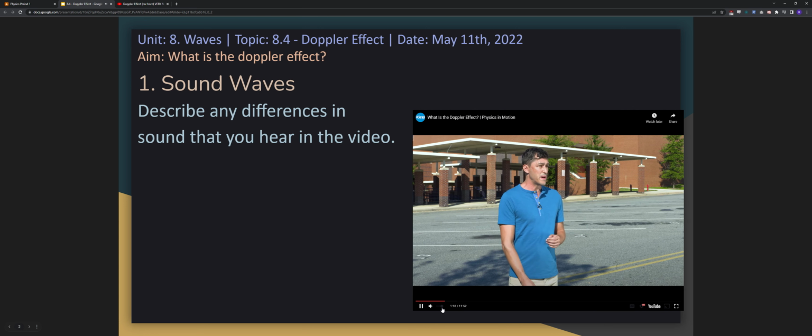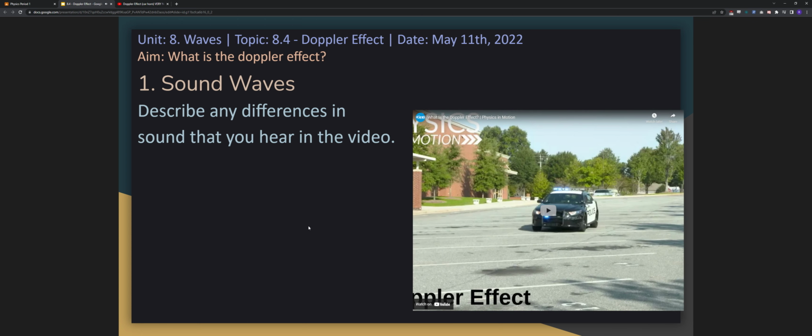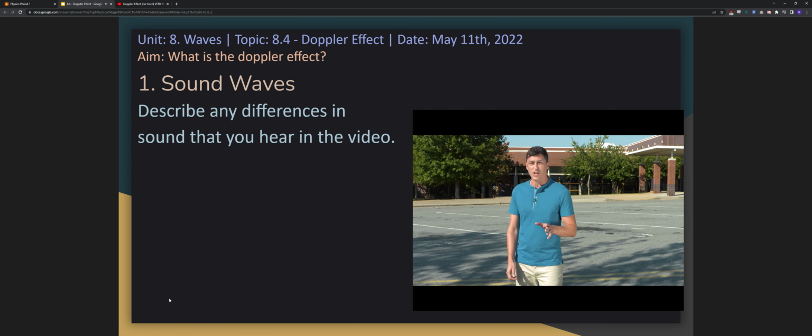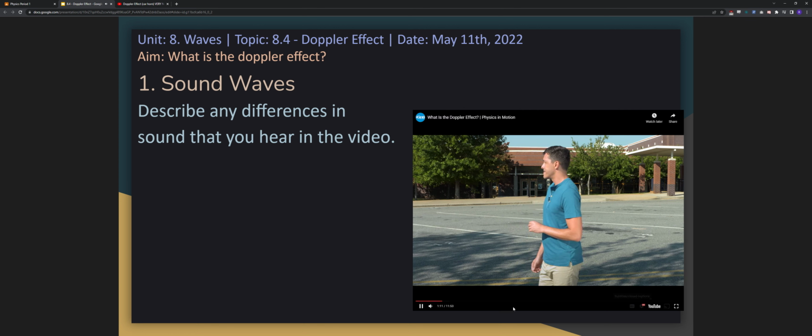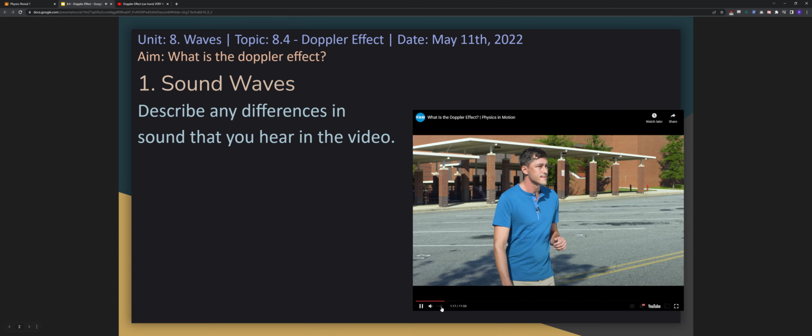Can you hear the difference in the pitch? The sound changes. We'll watch it again. Listen to the siren sound as it approaches compared to after it goes by. Can you hear the difference in the pitch?